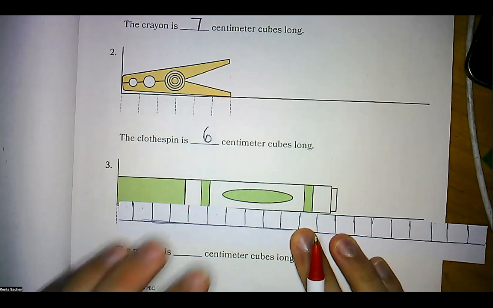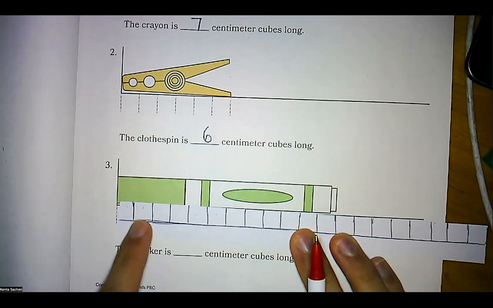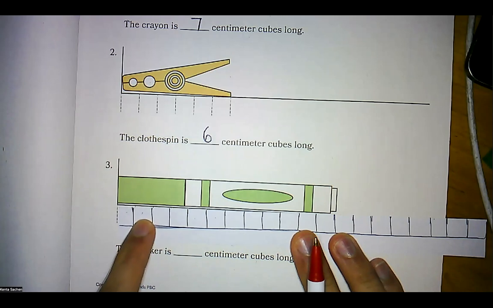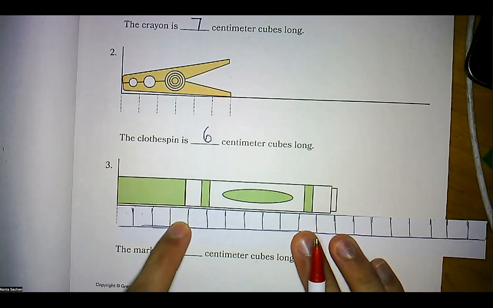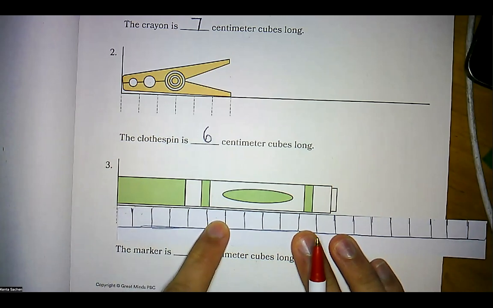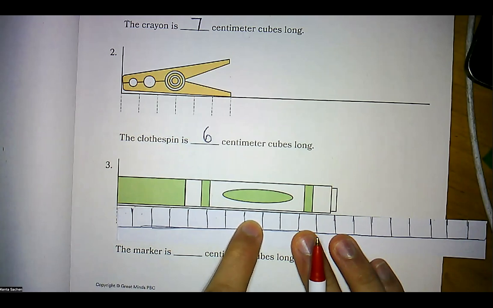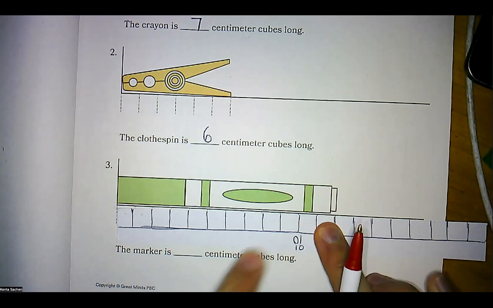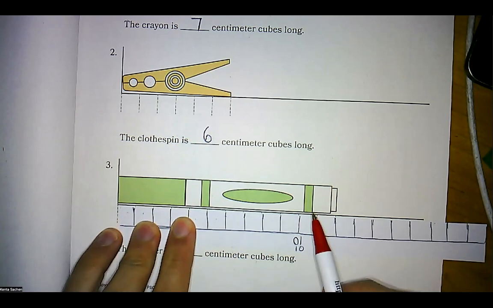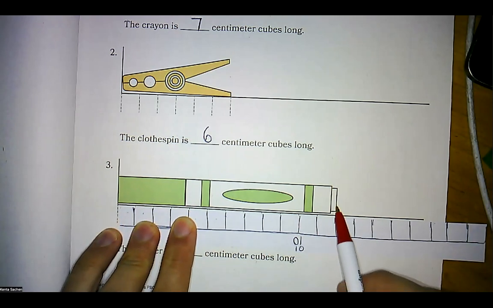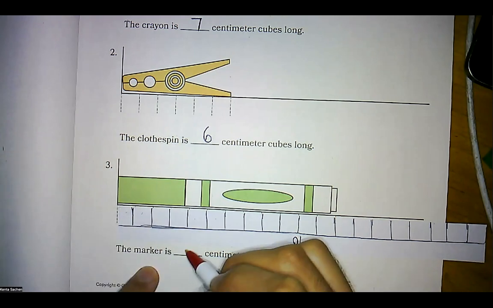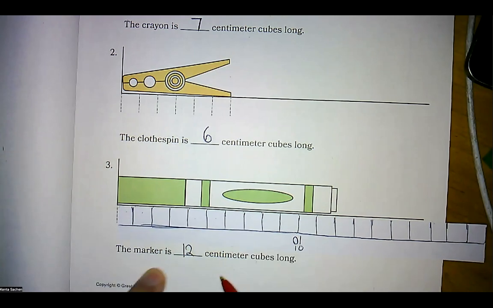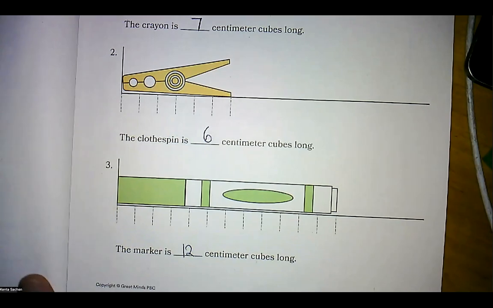Everyone ready? Okay, you should have your answer already. Let's check our work. 1, 2, 3, 4, 5, 6, 7, 8, 9, 10, 11, 12, right? We stop here at 12. So we can see that this marker is 12 centimeter cubes long.